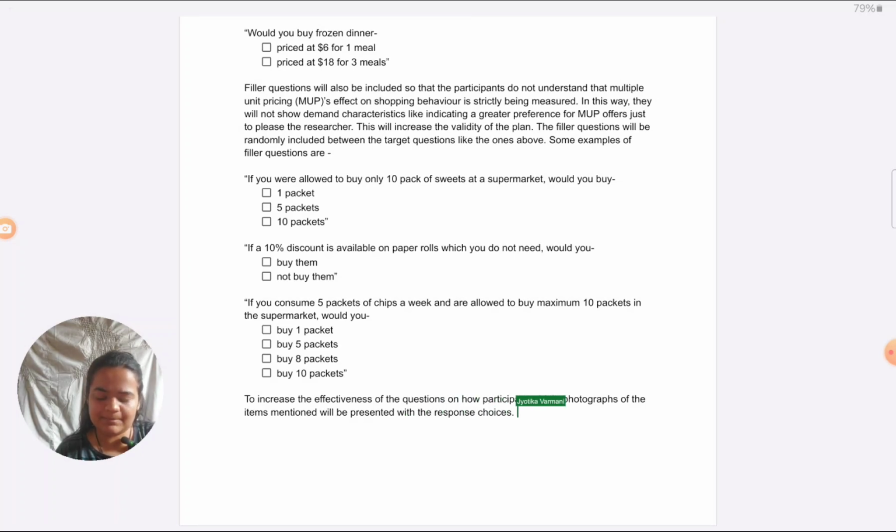So, for example, a photograph of a single cereal box or three cereal boxes along with their respective pricing will be showcased.